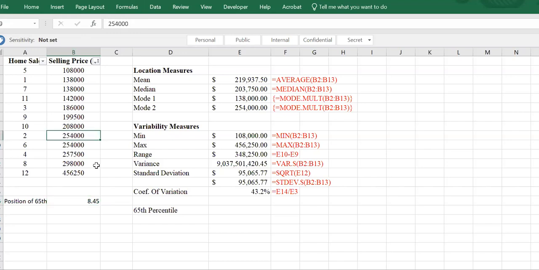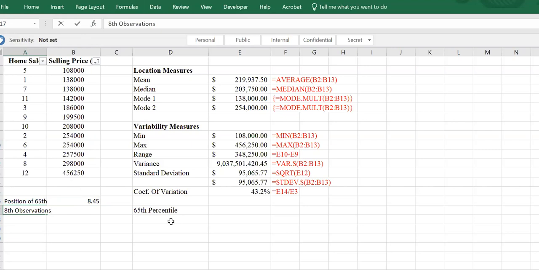So 8.45 means I will have the 8th observation. In this case, the 8th and 9th, 10th, 11th, 12th happen to be exactly the same value.